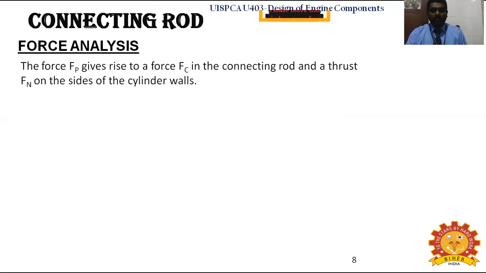And if you look at the forces, the piston force Fp gives rise to the force Fc on the connecting rod, and a thrust force Fn on the side of the cylinder wall.